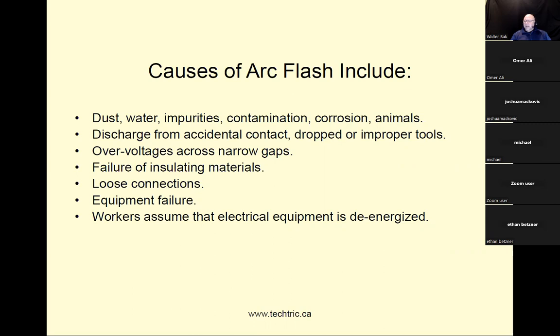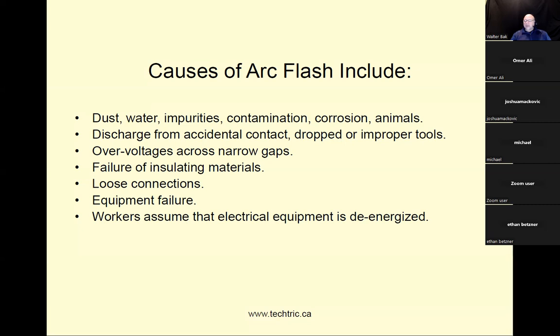All right. Impurities, contaminations, corrosion, and animals. Animals is a big thing as well. Some of the rodents can find their way in, sometimes where they're not supposed to be. There's always the possibility that some rodent is going to crawl into some sort of transformer station or something like that.